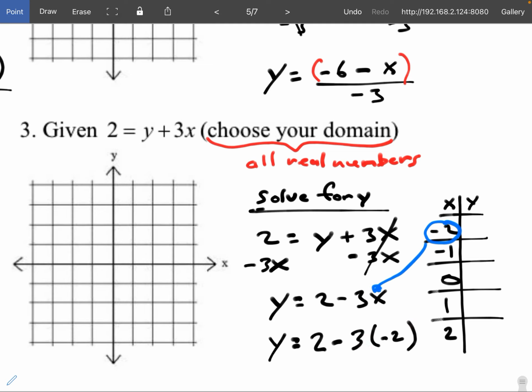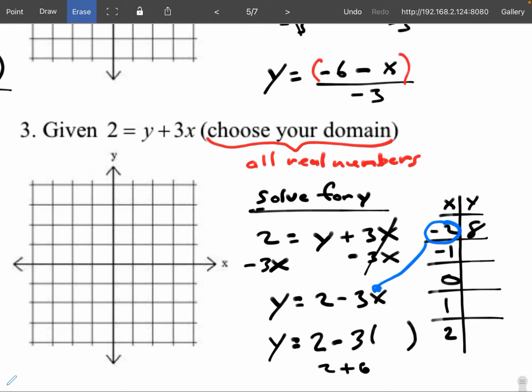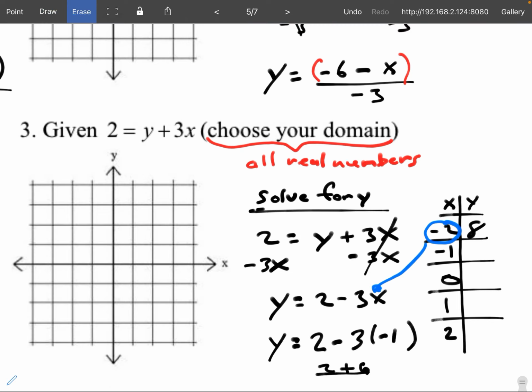So on this one, what's -3 times -2? I'm doing order of operations, right? I have to do this multiplication first. So I'm doing -3 times -2. That's a positive 6. So that's going to give me 2 plus 6. What's 2 plus 6? It's 8. That one's 8.